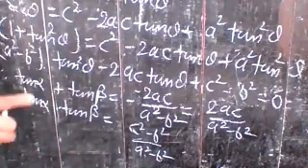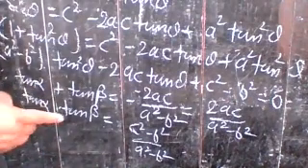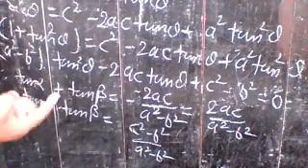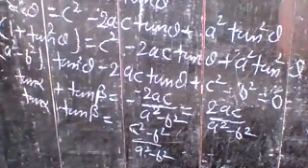Okay. So in this way, you have the values of tan alpha plus tan beta and tan alpha times tan beta. Now use the identity for tan of alpha plus beta.